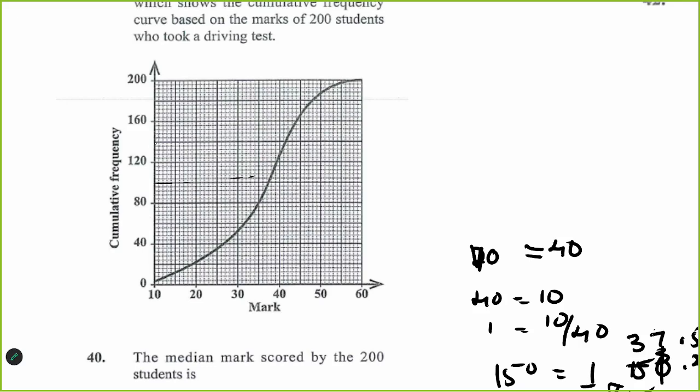Hold on. 37.5 is right here. Right, and then you're going down. Hold on. You're going down right here, which is 40. We know between this is 10 spaces, so each little one is 1. That's 1, 2, 3. That's 43.